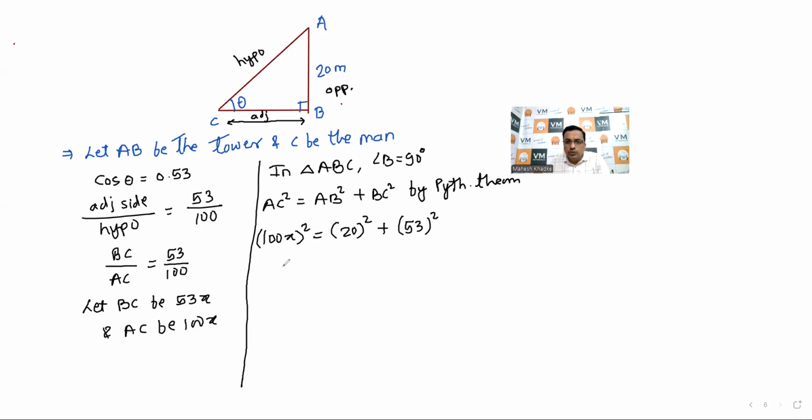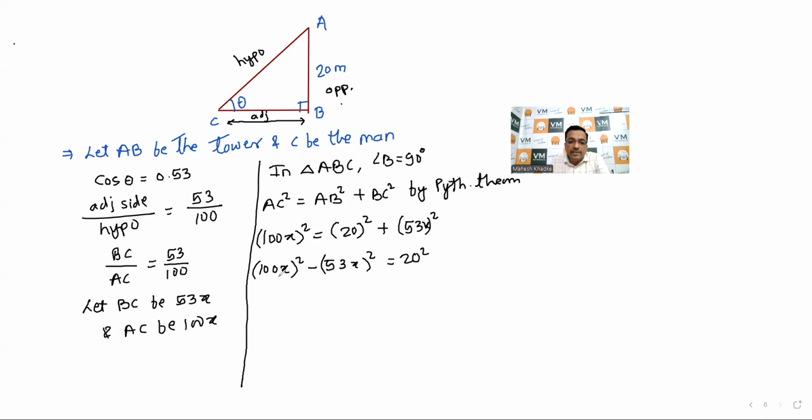Okay. So just shift this 53x whole bracket square. Shift that side. So it becomes 100x whole bracket square minus 53x whole bracket square is equal to 20 square.